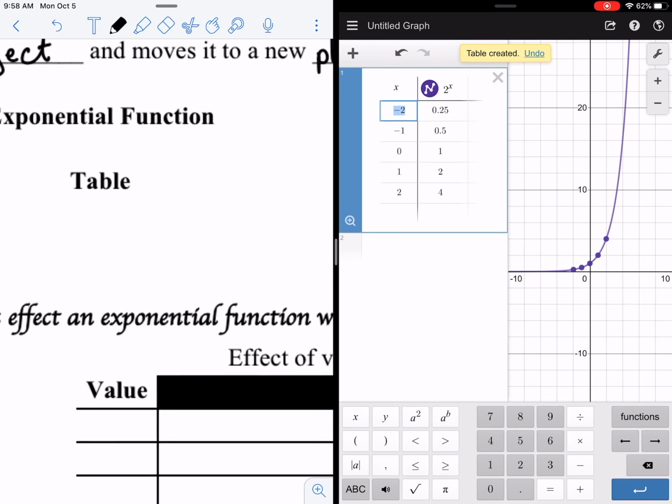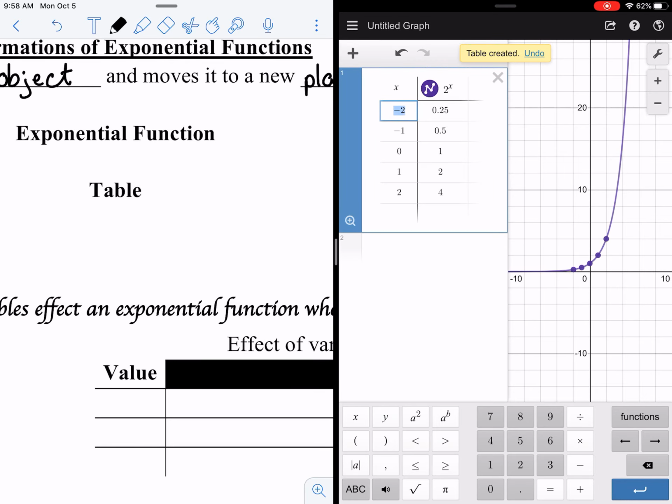And I'm just going to use the positive values. So 0, 1, 2. 2 to the 0 power is 1, 2 to the first power is 2, 2 squared is 4.